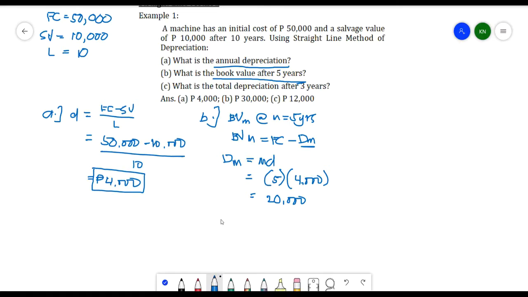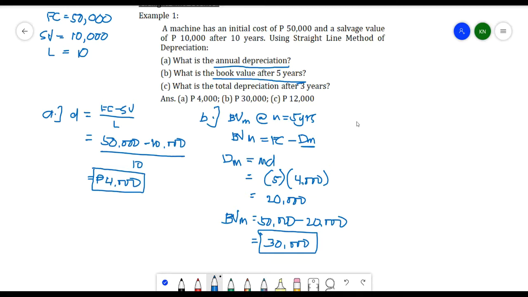BVM now is equivalent to 50,000 pesos minus 20,000, which is 30,000 pesos. Meaning to say, after 5 years, the 50,000 will just become 30,000.